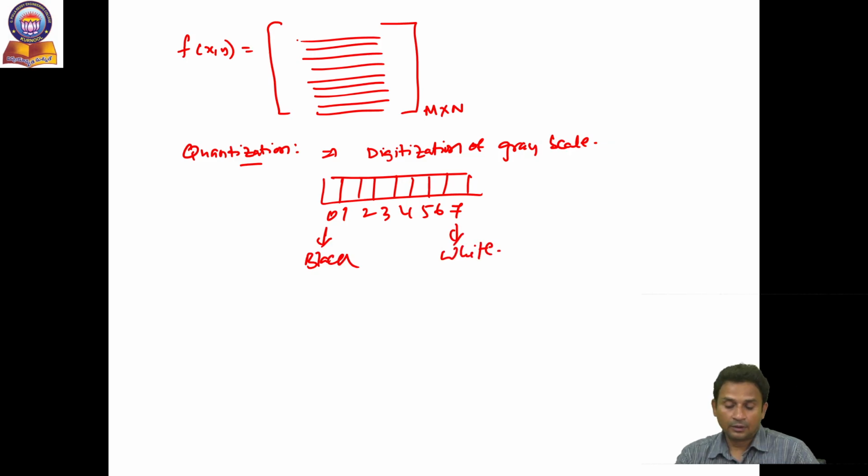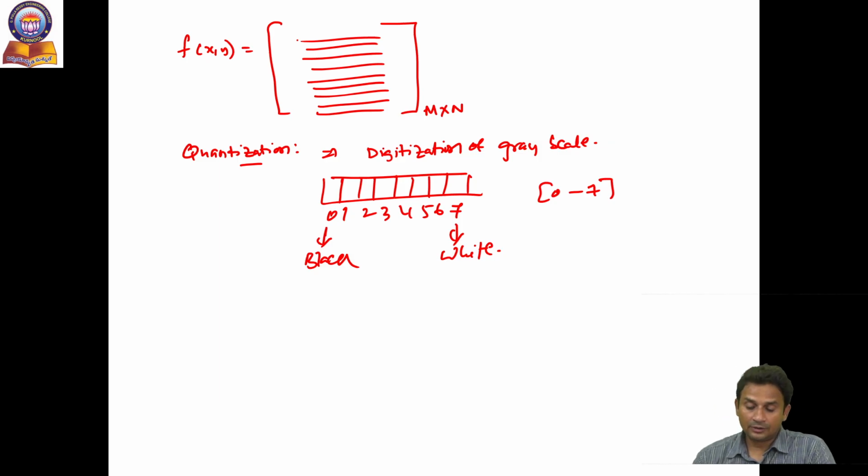So in the digitization process, if the grayscale is divided into only 8 levels, the 2D matrix that we get will contain values only from 0 to 7, depending on the intensity of the pixel at that position.